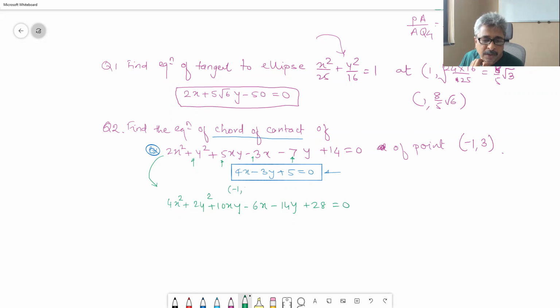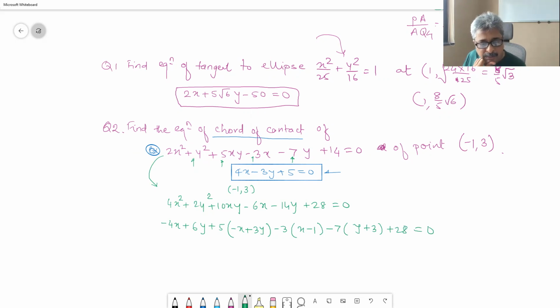You can put it here so that you save time. So minus 4x, correct, plus 6y plus 5 inside bracket minus x plus 3y minus 3 inside bracket x minus 1 minus 7 inside bracket y plus 3 plus 28 is equal to 0. That is easy. No denominator, no fraction.